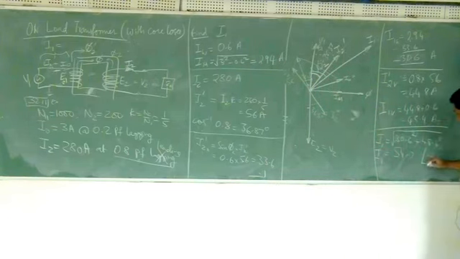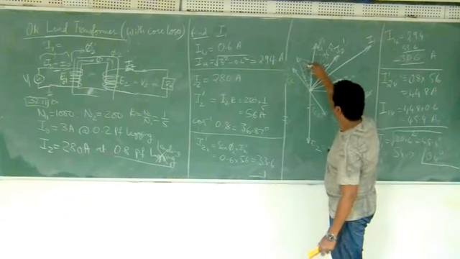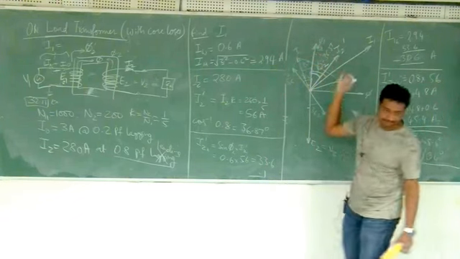But now it will be a positive angle. How much? 30.5 degrees? 34 degrees? Whatever. Using these two numbers, you can tell what the angle is. Let's call it 34 degrees. So this angle will be 34 degrees. So this will be V1 and I1.